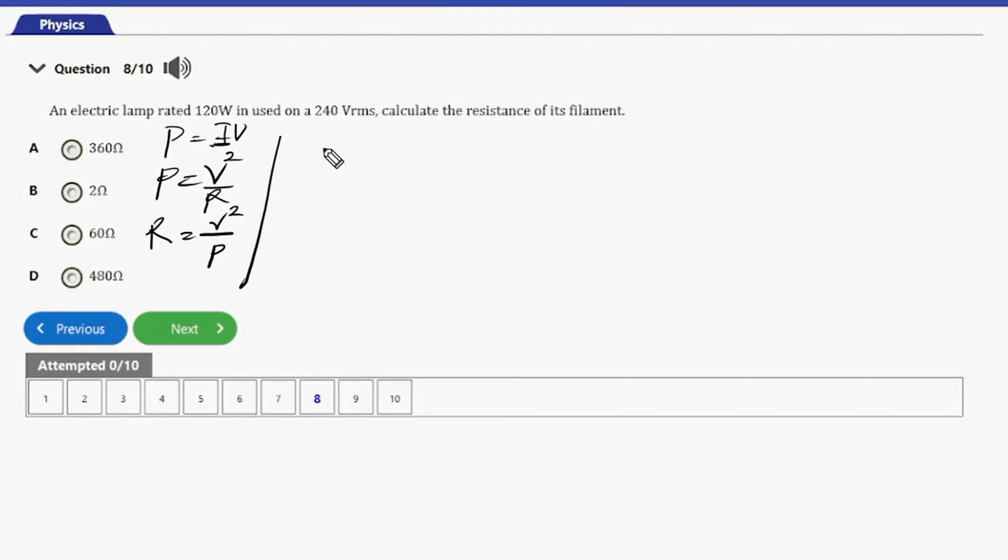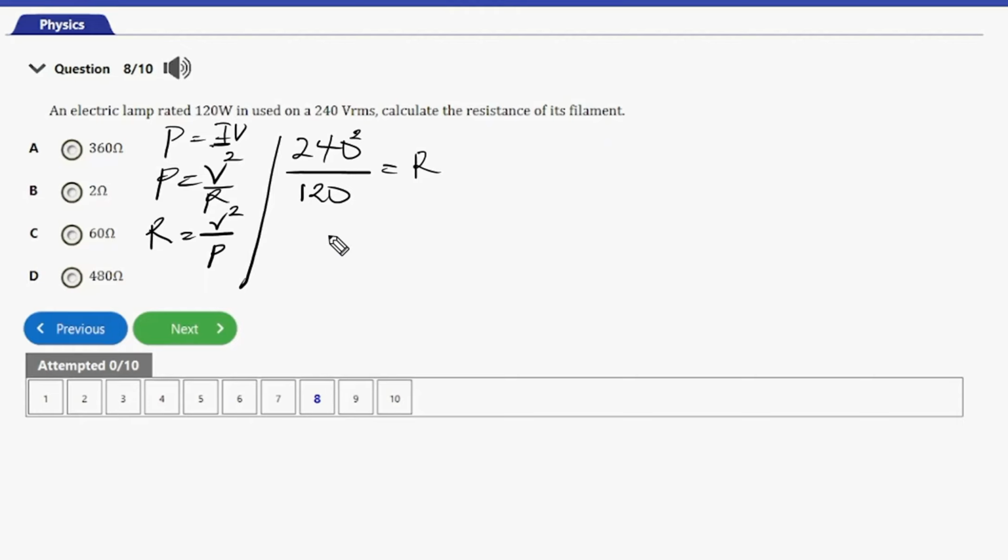V squared is going to be 240 squared. So that's 240 squared over P here is 120. So that will give us the resistance here. So 240 squared over 120 here. So let's go ahead and check this out.